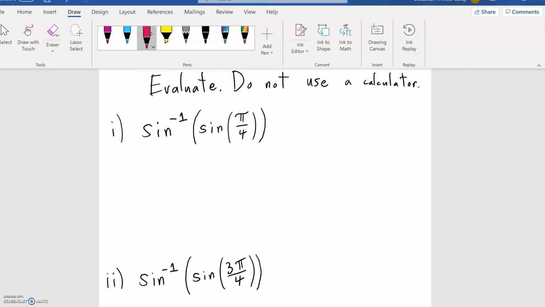So, for example, this is sine inverse of sine. So these two are inverses of one another. You need to check if the innermost input, which in this case would be pi over 4, is inside the range of sine inverse. The range of sine inverse is from negative pi over 2 to pi over 2 inclusive.